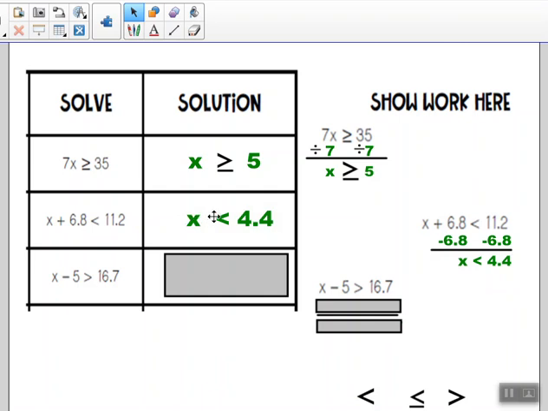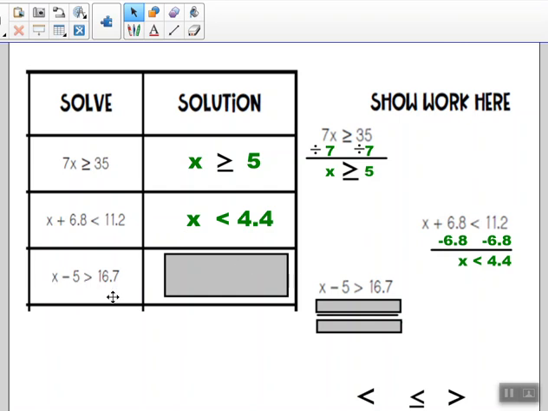It needs to be something that's less than 4.4. And the reason we know that is that if it is 4.4, we end up exactly at 11.2, and that is not less than 11.2. So it just needs to be something less than 4.4. It can be 4.3, 4.2, it can be 4, it can be 0, a whole bunch of options here, because again, inequalities have an infinite number of solutions sometimes. So there's a whole bunch of options.